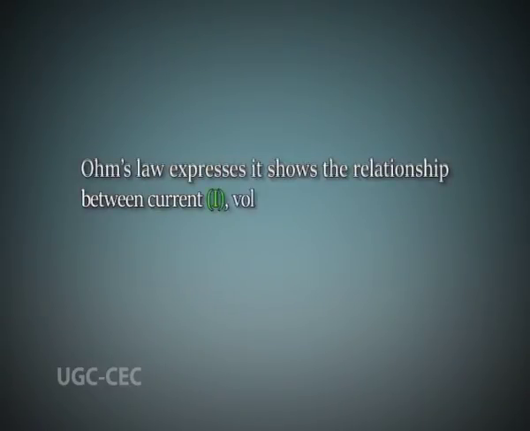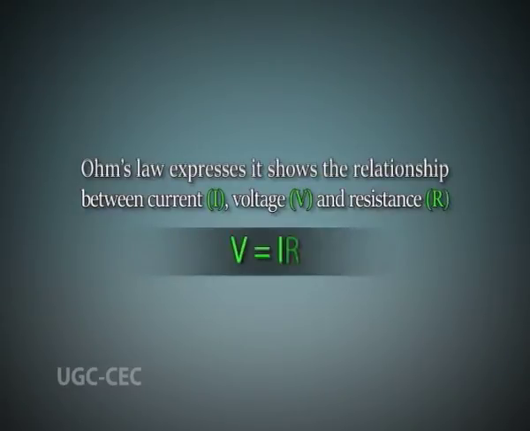The current in the solution between the electrodes is conducted mainly by the buffer ions, a small proportion being conducted by the sample ions. Ohm's law shows the relationship between current, voltage and resistance, which is given by the formula V equals IR.